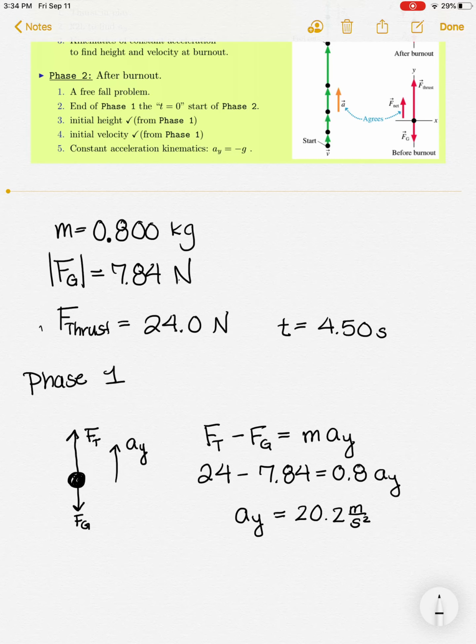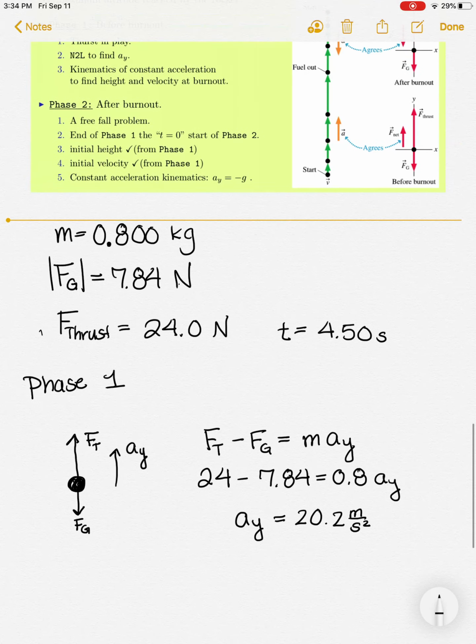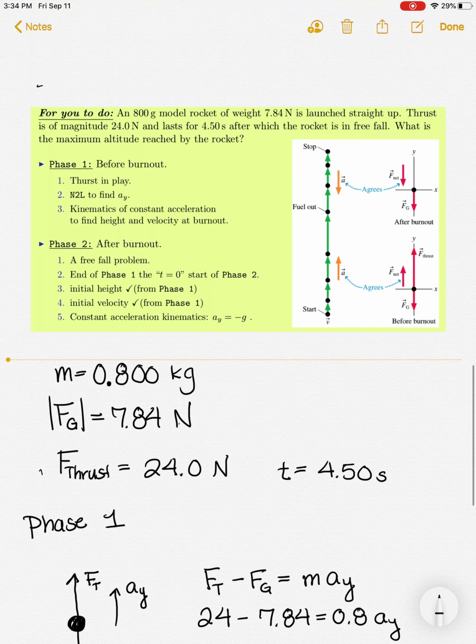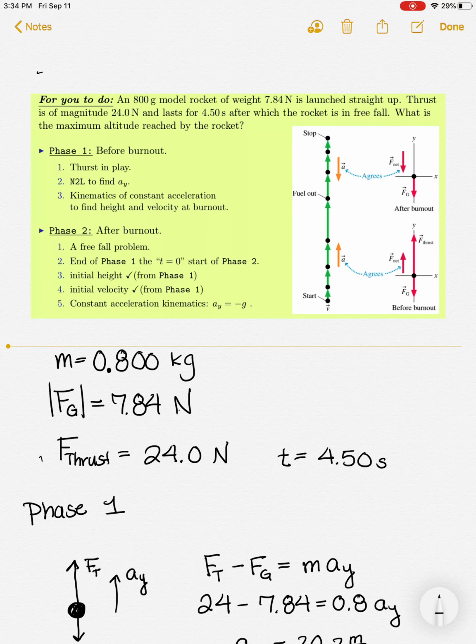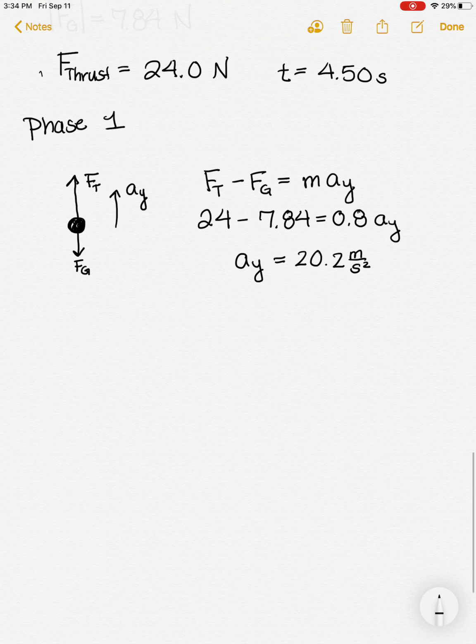So for phase 2 it's basically a free-fall problem. So we're trying to figure out the maximum altitude reached by the rocket. So we want to find the displacement the rocket first moves up.